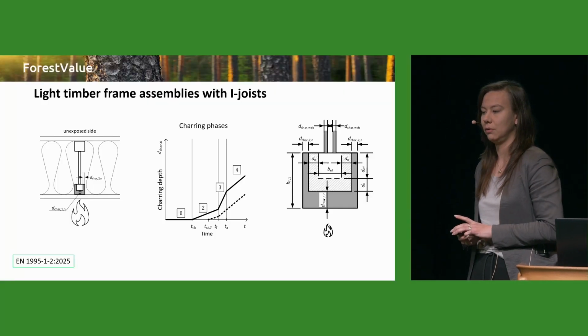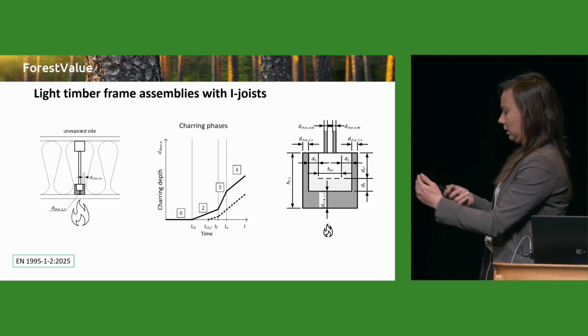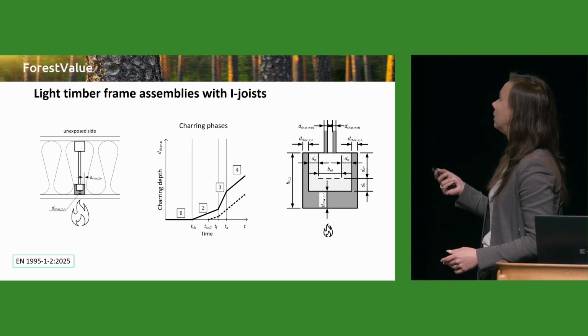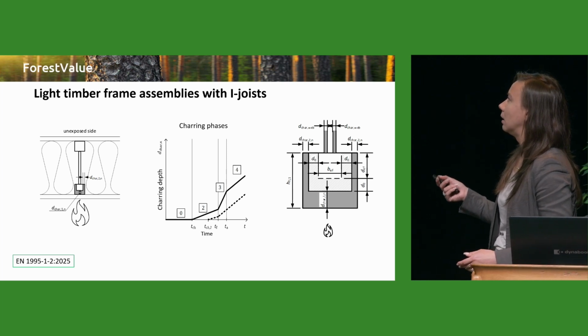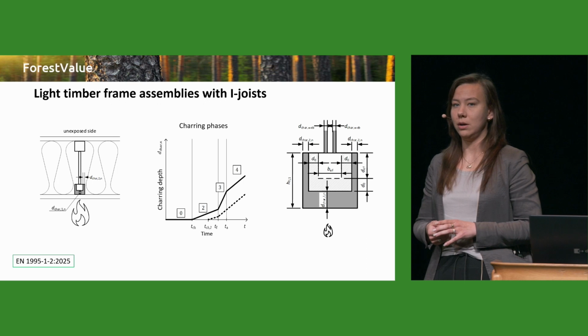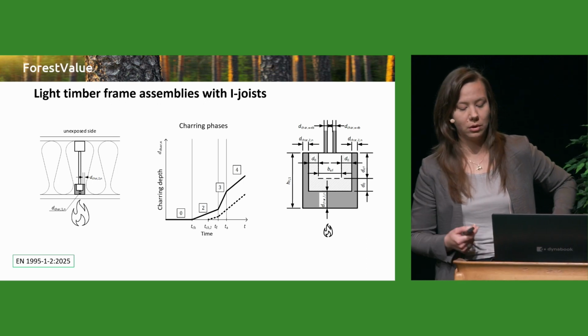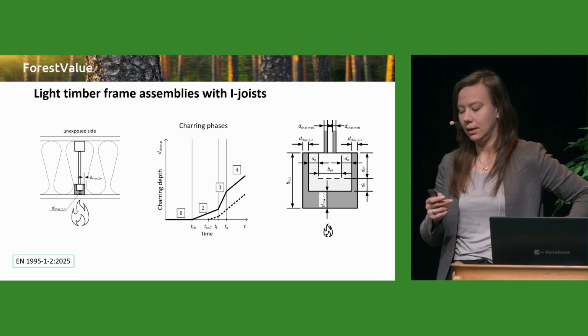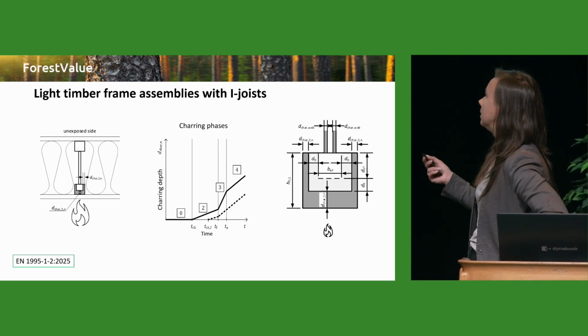So we usually use I-joists in assemblies with thermal insulation and some protection on the fire side, either a gypsum board or any other combustible or non-combustible material. And then depending on that, we will have different phases in the charring.